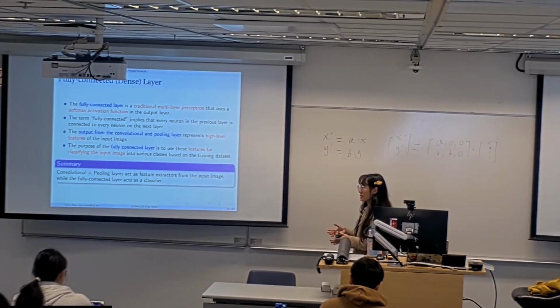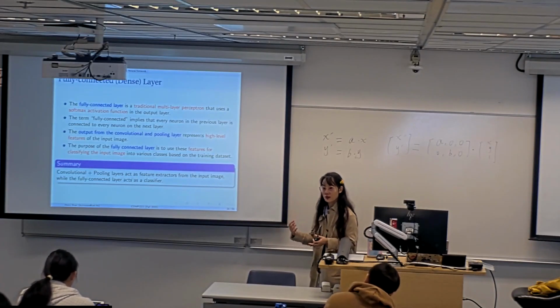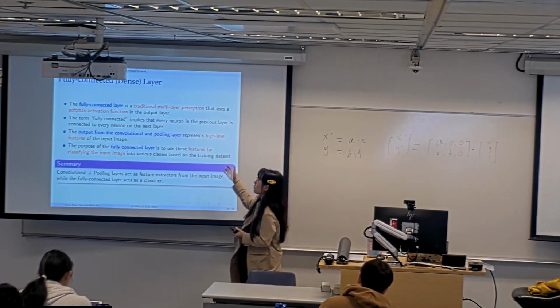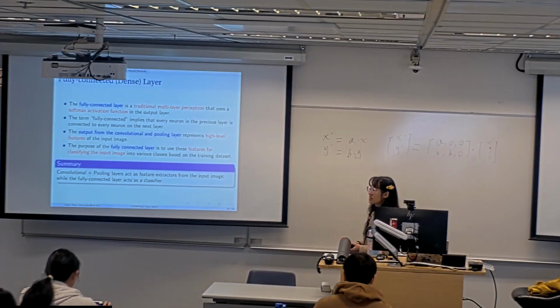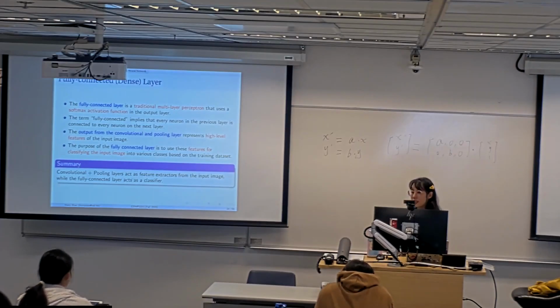The output from the convolution and pooling layers represents some high-level features of the input image. We can imagine that all the convolution layers and pooling layers are just trying to extract the features to get some useful information. And then the purpose of the fully connected layer is to use these features for classifying the input imagery into various classes based on the training data set.